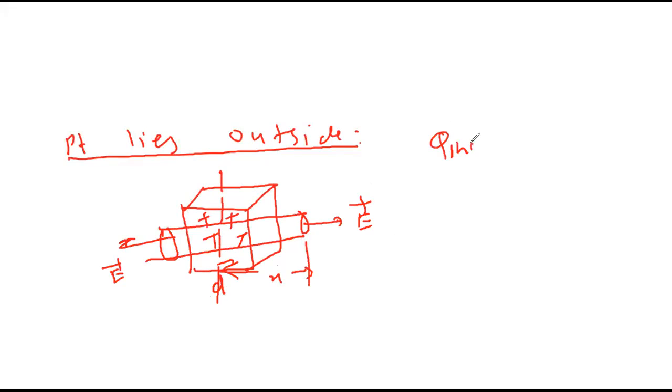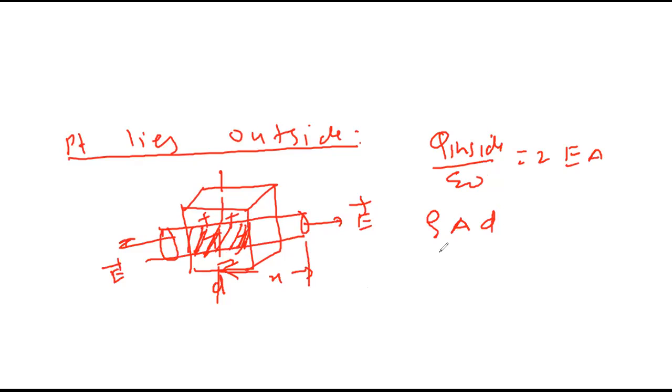So Q inside upon epsilon naught is 2EA. Same formula, only charge changes. Let us see how much it will come. Rho into area A. This time we should write charge enclosed only this much. So it will be only D or it will come x?